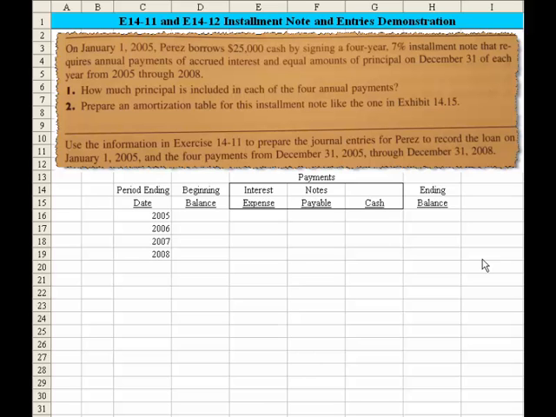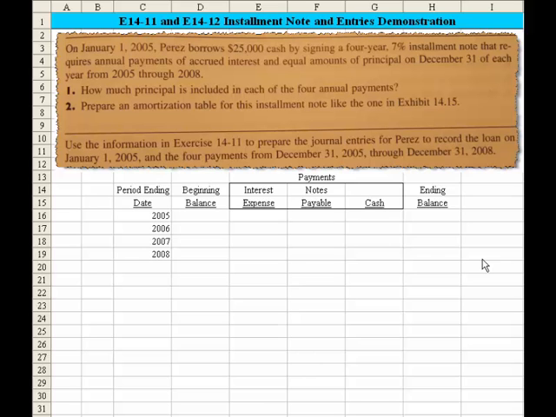Hi everyone, let's take a look at exercise 14-11 and exercise 14-12, which deal with accounting for installment notes and demonstrating the entries related to them.